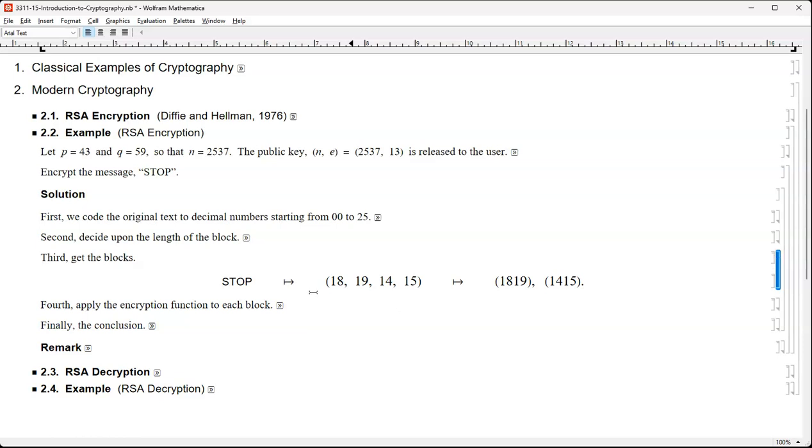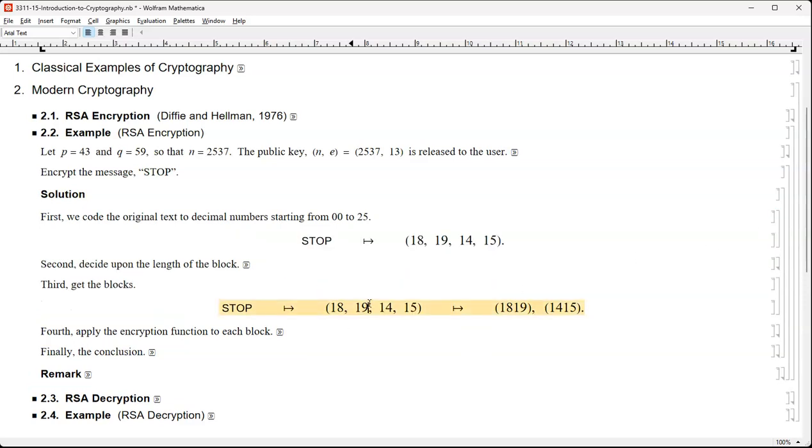And then we get the blocks. A 4-digit block, 18, 19, and another 4-digit block, 14, 15. So S and T in one block, and O and P in another block.